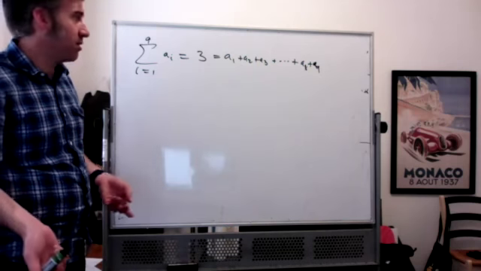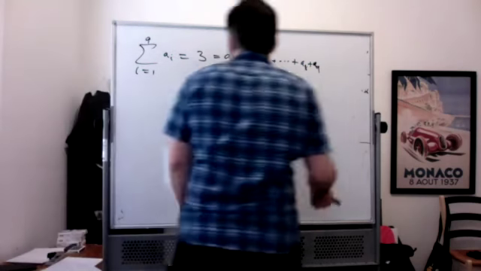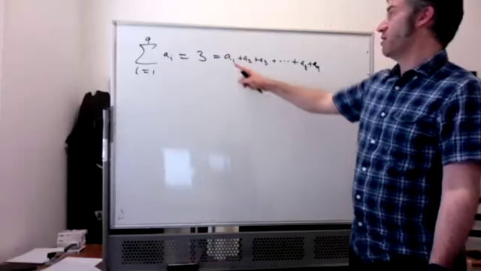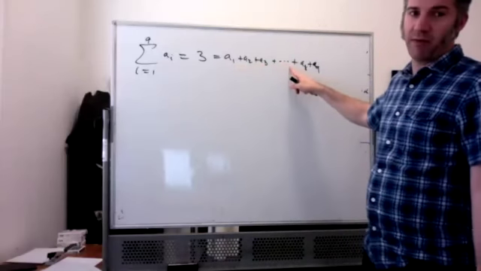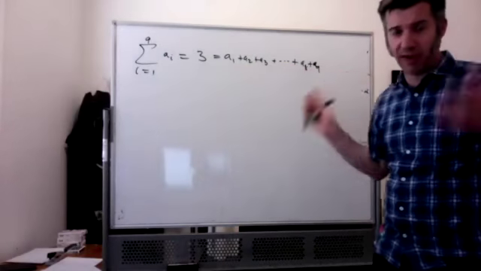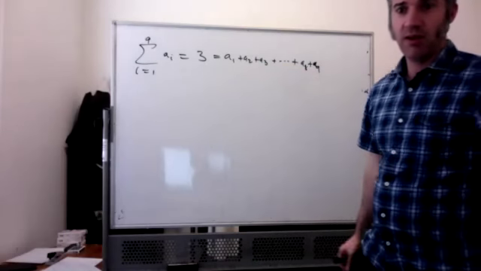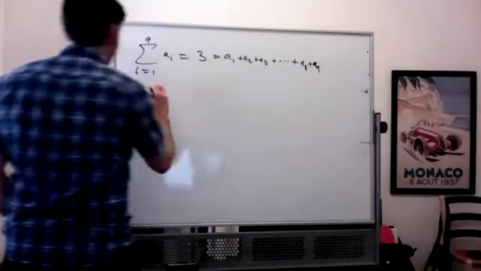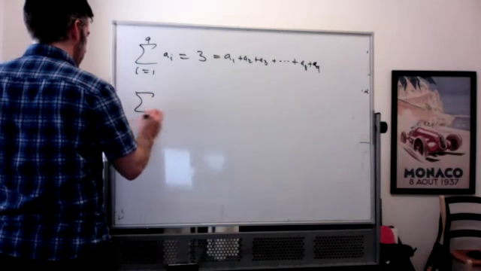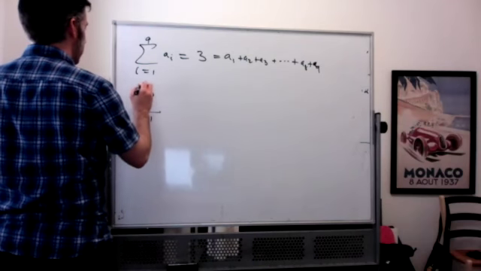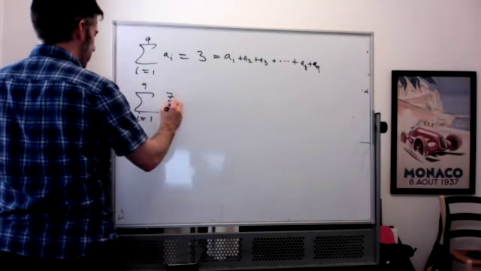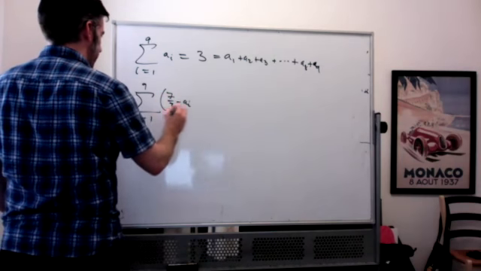They could all be different, totally crazy numbers, but it adds up to 3. The question is, I want to know what this is: the sum from i equals 1 to 9 of 7/3 minus a sub i.